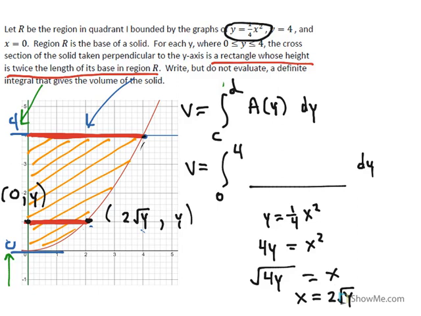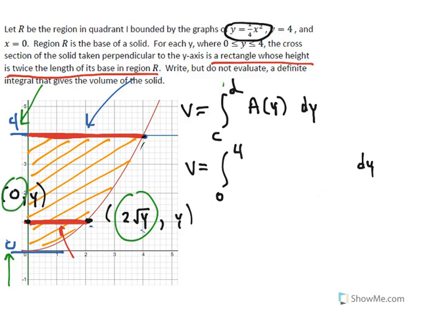So now the length of this horizontal line segment is given by the difference of the two x coordinates, right minus left. So we will have 2 times the square root of y minus 0, and that will be, of course, the base of our rectangular cross-section.